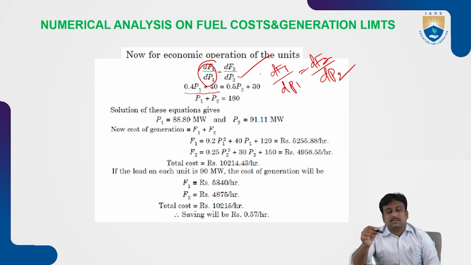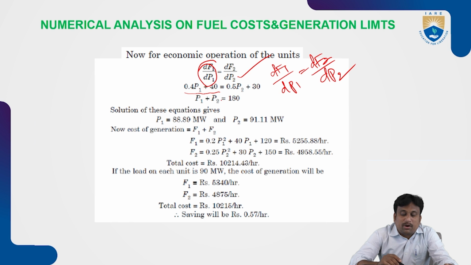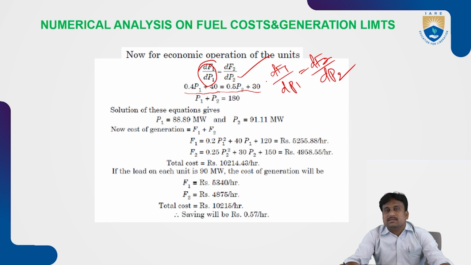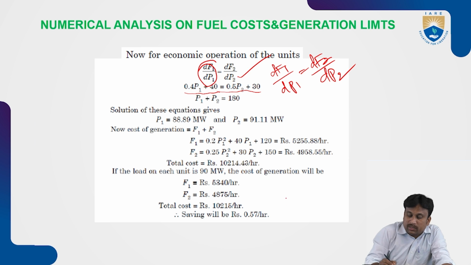Now equating these two, 0.4 P1 plus 40 is equal to 0.5 P2 plus 30. So 0.4 P1 plus 40 minus 0.5 P2 minus 30 equals 0.